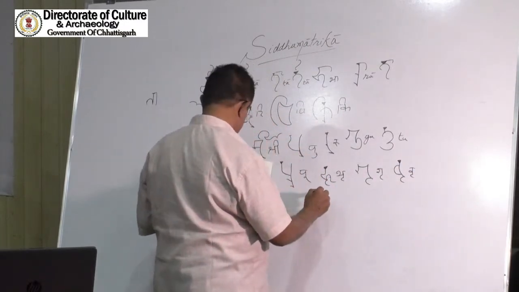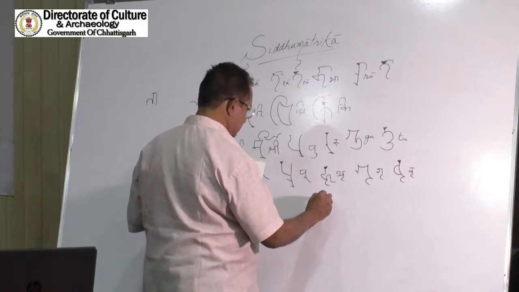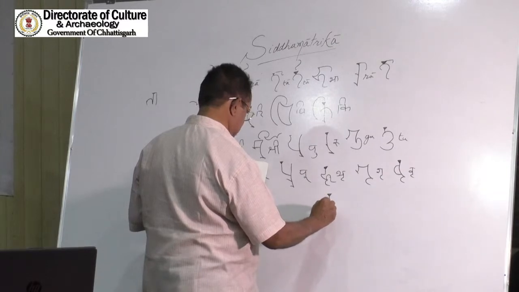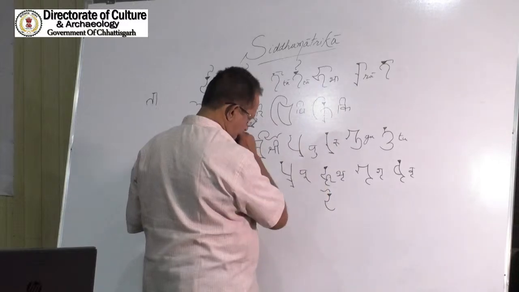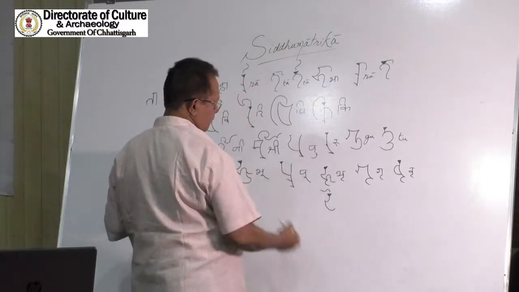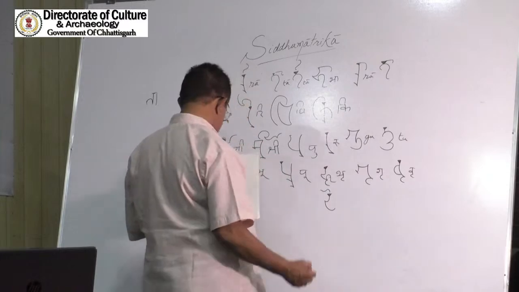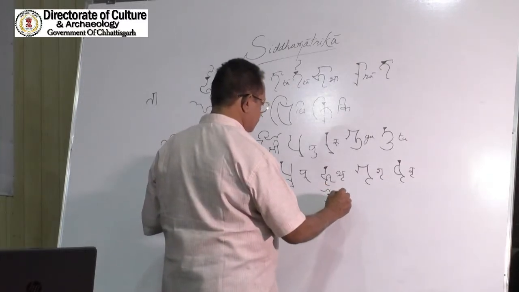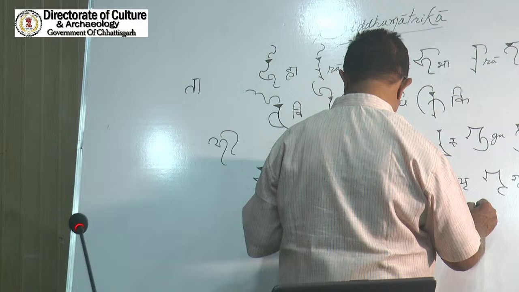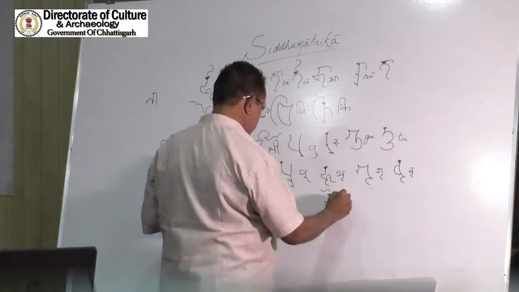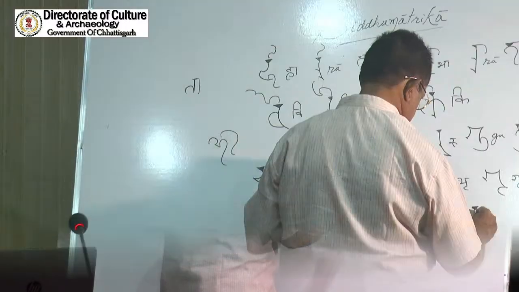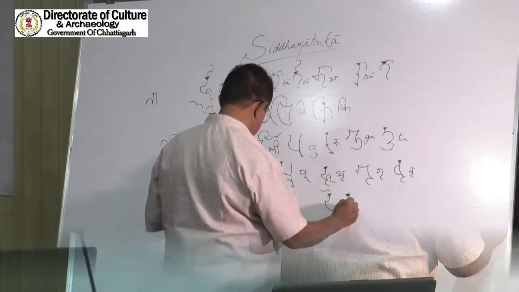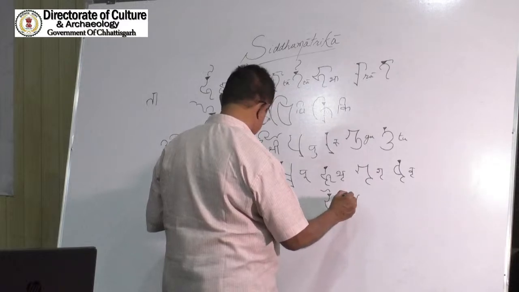The sign is written like this. It goes in the left direction. You are going to write this is Lupudma, another variety where you find, and these forms you find in Sharda script.